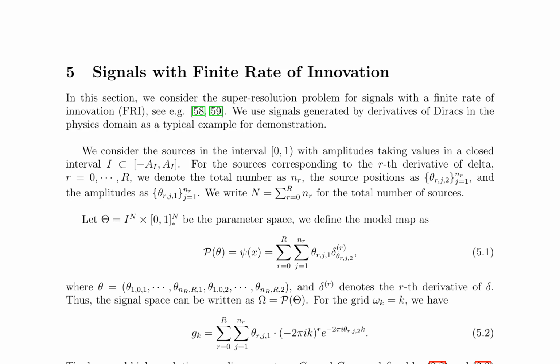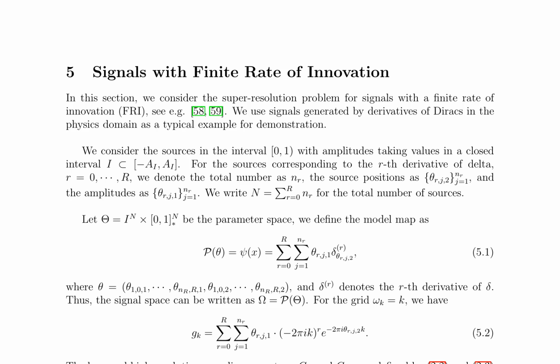In the context of signals with a finite rate of innovation, we consider the super-resolution problem focusing on signals generated by derivatives of Diracs. The model map is defined as Φ(θ) = ψ(x) = Σ_{r=0}^{R} Σ_{j=1}^{n_r} θ_{r,j,1} δ^{(r)}_{θ_{r,j,2}}.